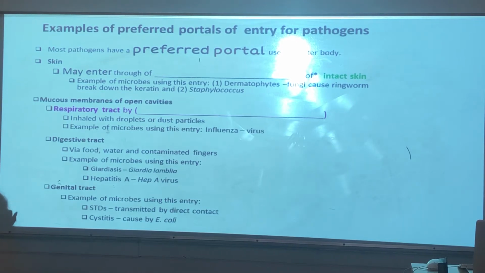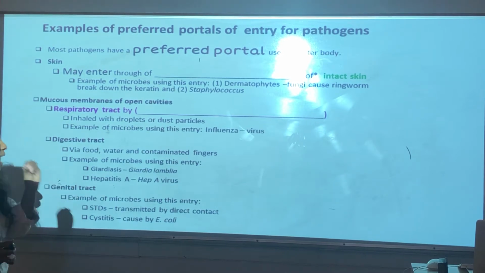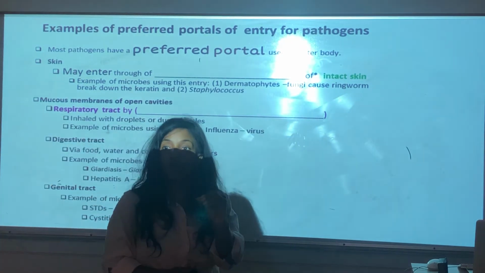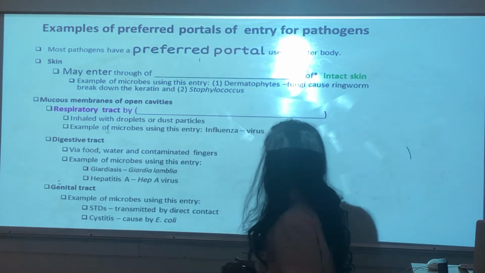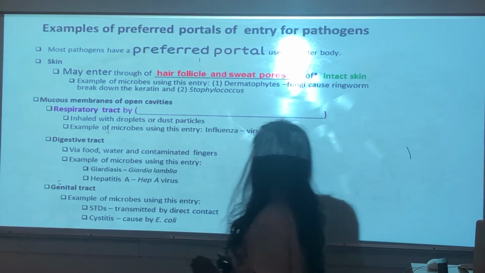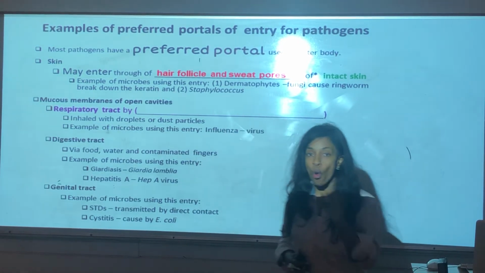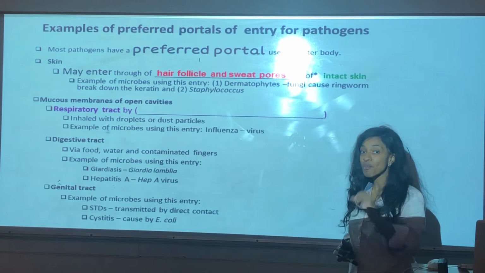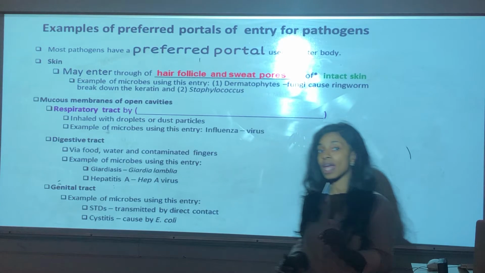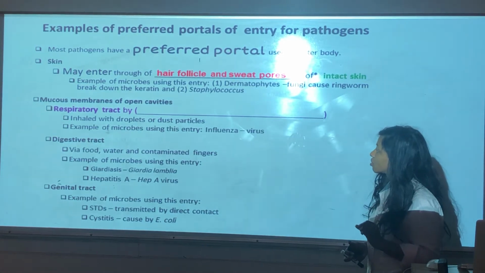For the skin, it is very hard for microbes to get in, remember. The skin is a tight, waterproof barrier, but there are some openings. Some microbes can use those openings to get in. Hair follicles and sweat pores provide openings even when the skin is intact and has not been damaged, so microorganisms can still enter.